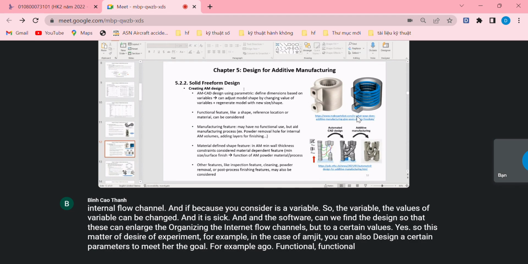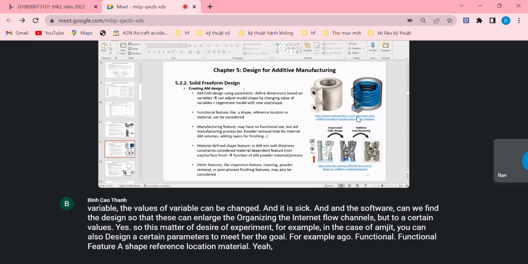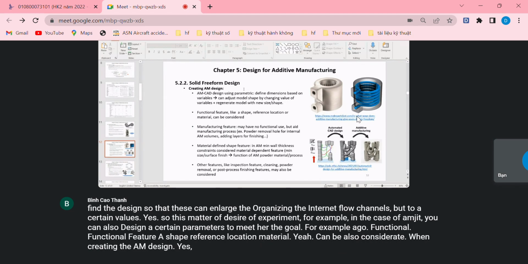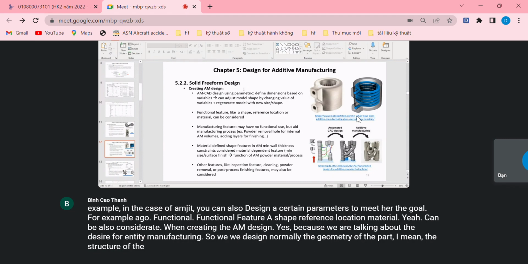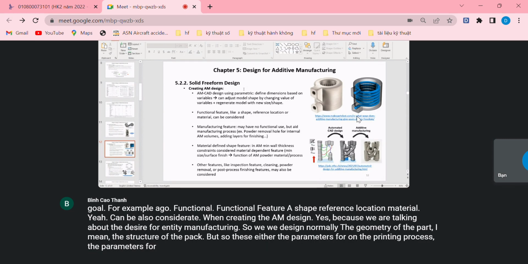Functional features like a shape, reference location, and material can also be considered when creating the AM design. Yes, because we are talking about design for additive manufacturing, we design not only the geometry of the part, I mean the structure of the part, but also the parameters for the printing process and the parameters for materials.